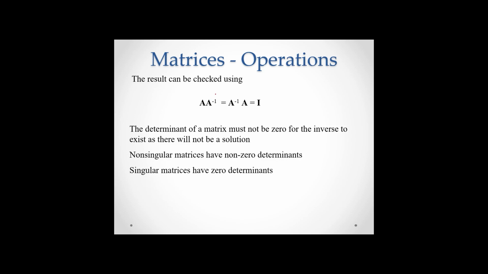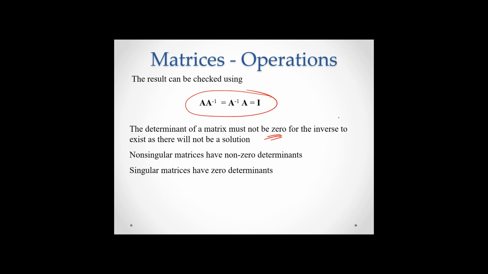Okay, so always remember that whenever you solve your inverse, you need to check A into A inverse is equal to A inverse into A is equal to I. That will actually ensure that you have done the calculation correctly or not. Okay, but remember that the determinant of matrix should not be 0, because if it is equal to 0, that will be 1 upon 0.